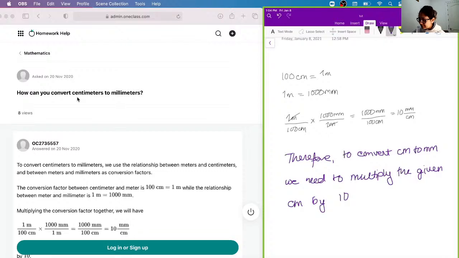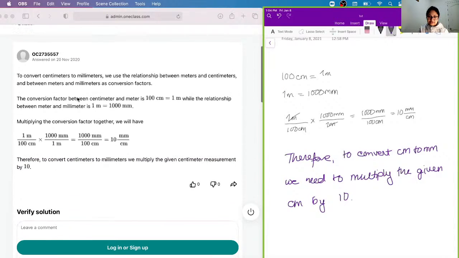So by a factor of 10, and that's how you would get millimeters. Okay, so this is the answer.